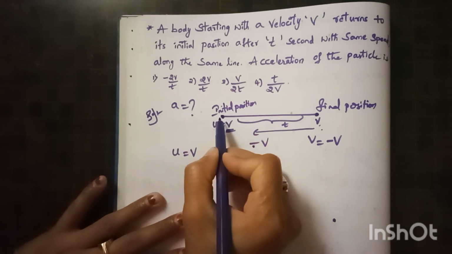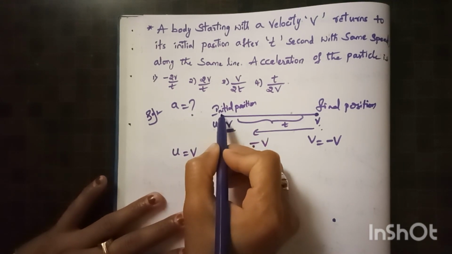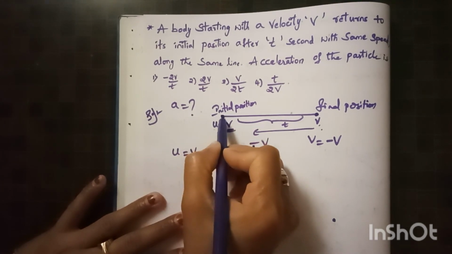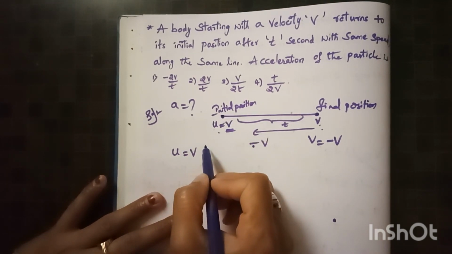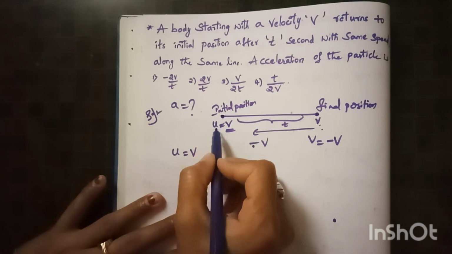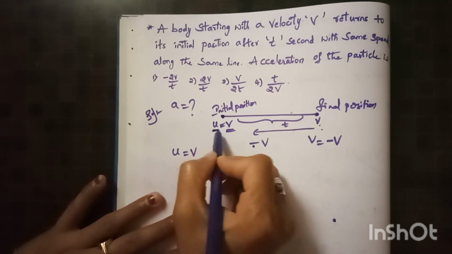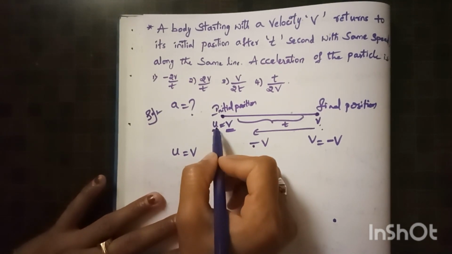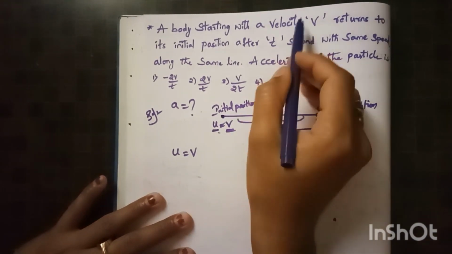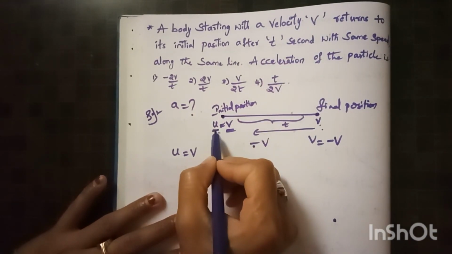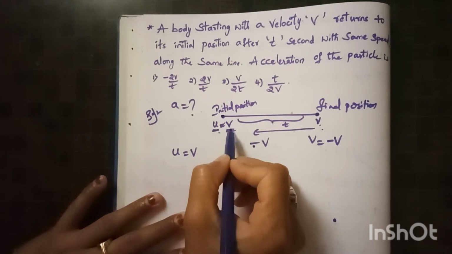First, a body is starting at the initial position with initial velocity u. But they said it is starting with velocity v, so we are considering u is equal to v.